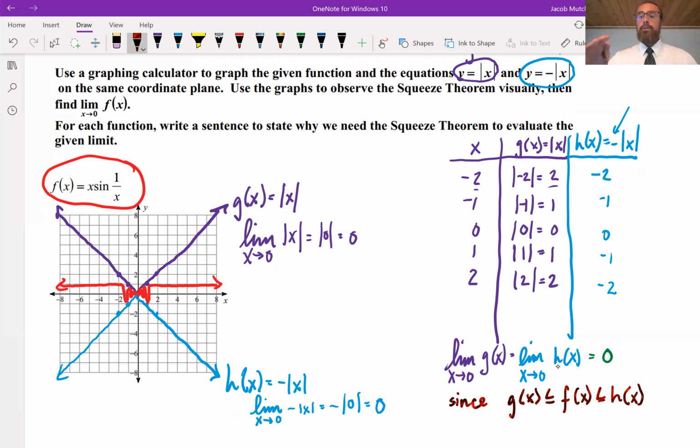So that's the initial condition. My red function is always between the purple and the blue one. The limit as x approaches 0 of x sine of 1 over x equals 0, and that's case closed.